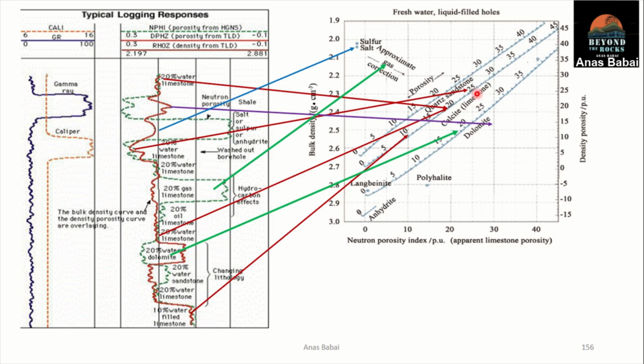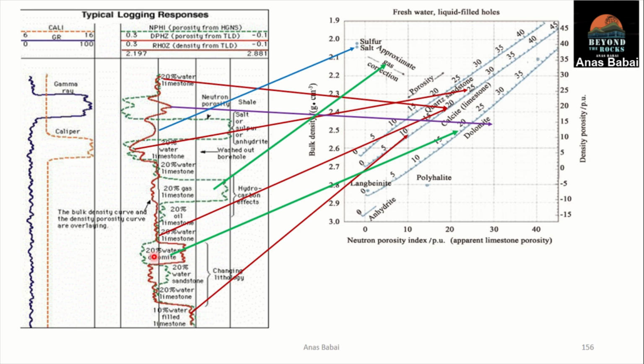So the intersection is somewhere here, and that gives us 25% limestone. It's not 20%, it's 25% water limestone. So you can check this for different lithologies, let us check.